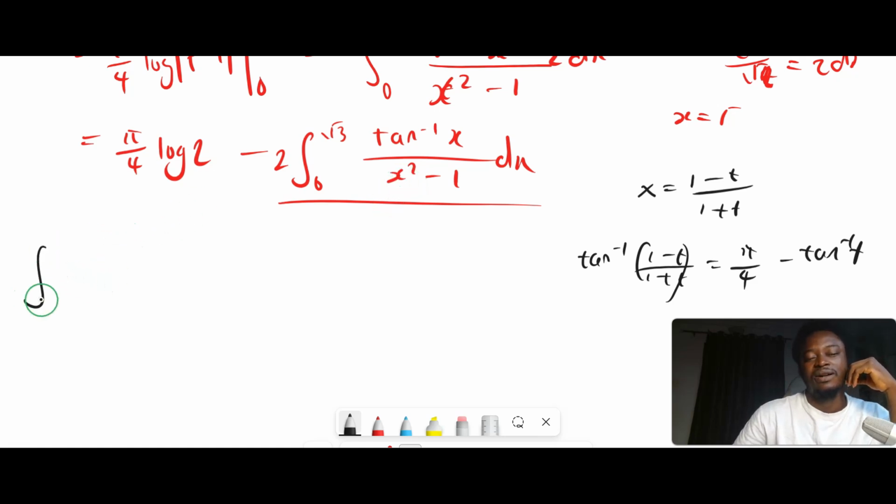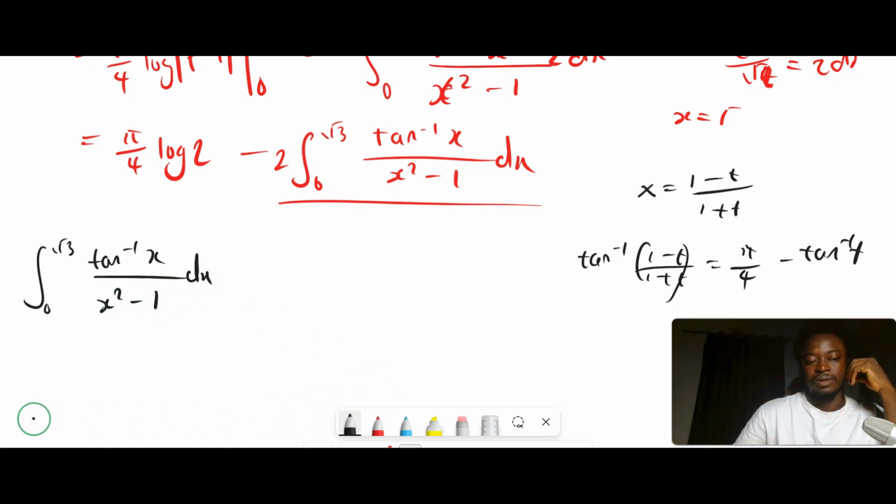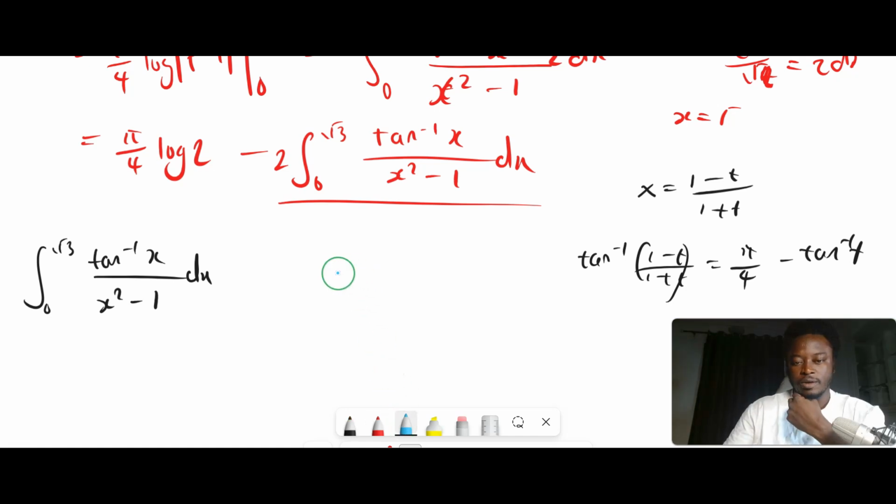So let's start with the integral from 0 to square root of 3 of tan inverse of x, all divided by x squared minus 1 dx. If you take x to be 1 minus t over 1 plus t, we can find the limits of integration.